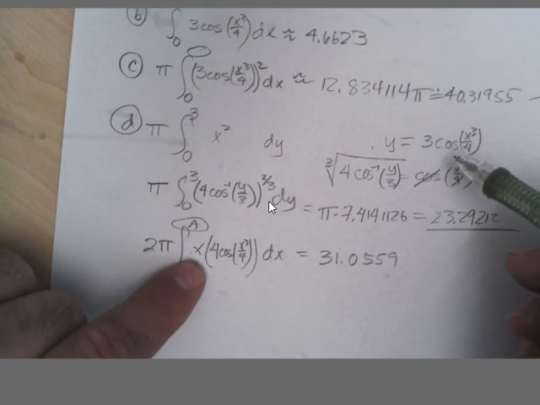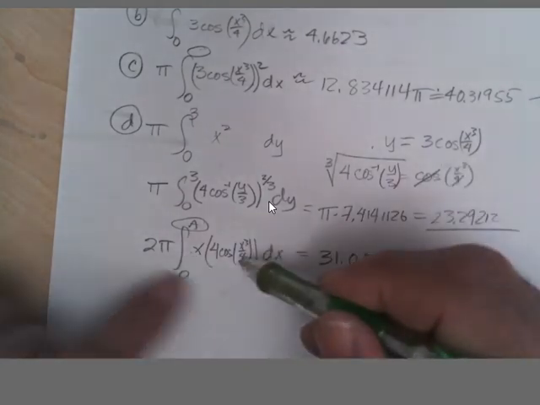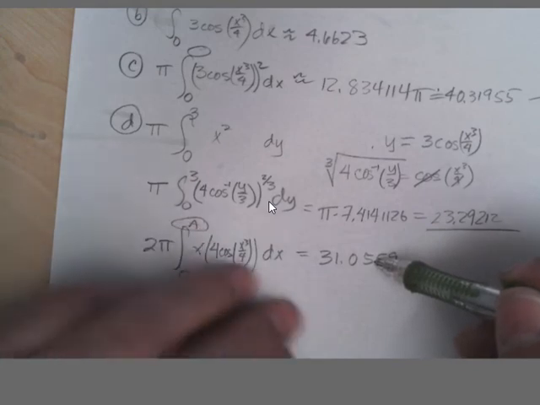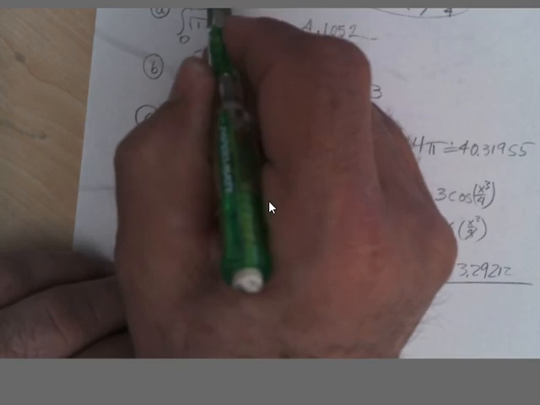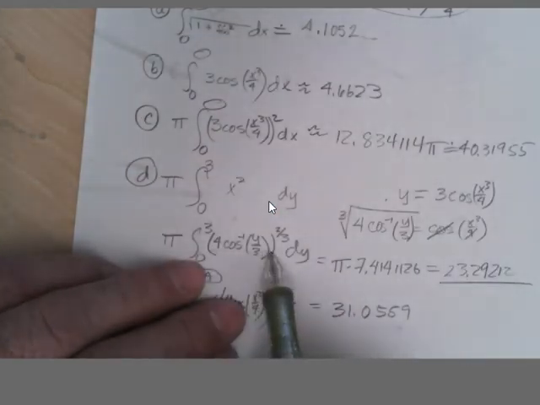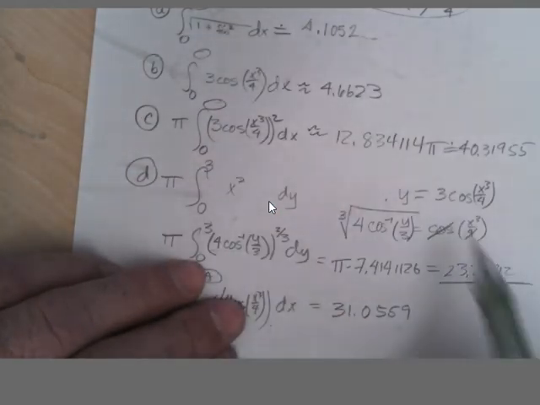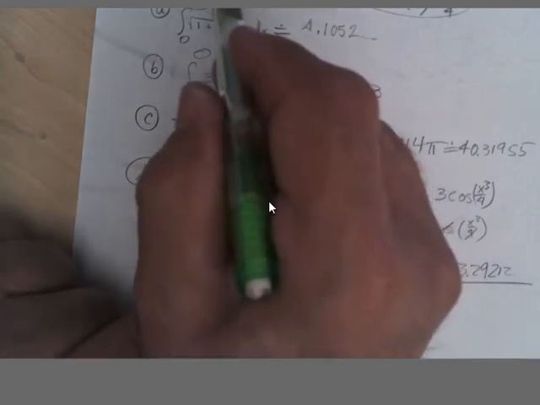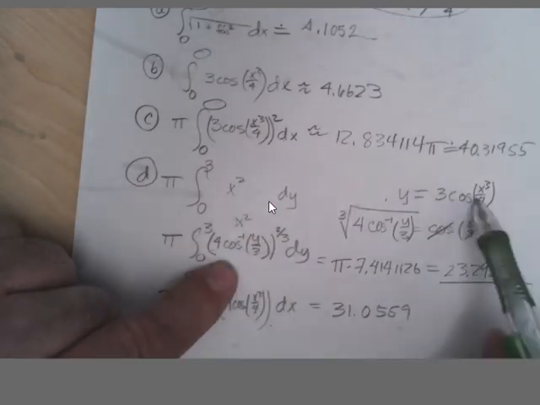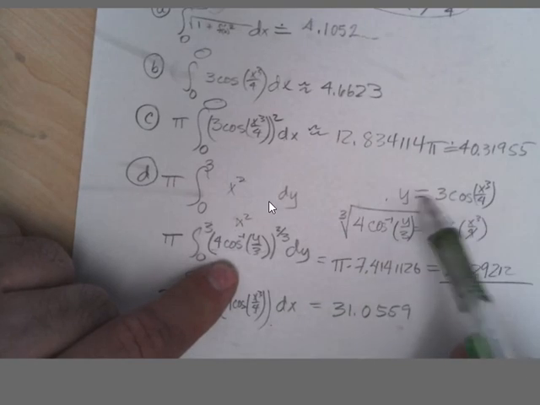So r is x, the height is this, times 2 pi from 0 to a. That's correct. This is 0 to 3 dy of that, of x squared, and x, let's see if I did this right.